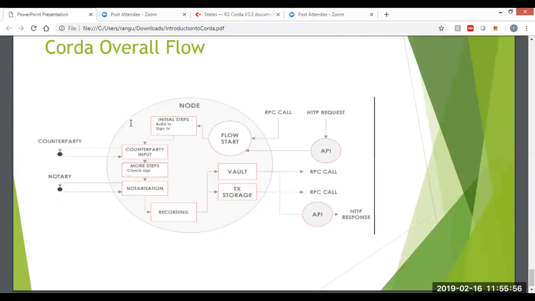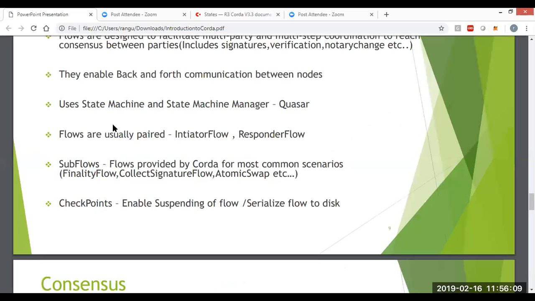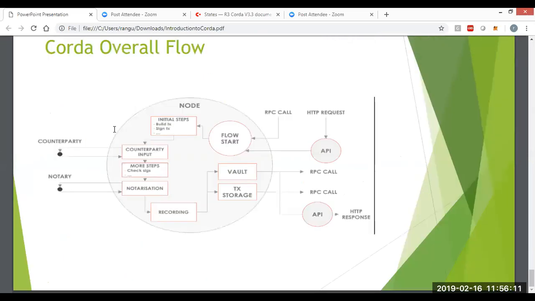So the last piece, the last overall picture. What you do is you expose all your flows, transactions, and consensus as an API via RPC call. So this is the first step.